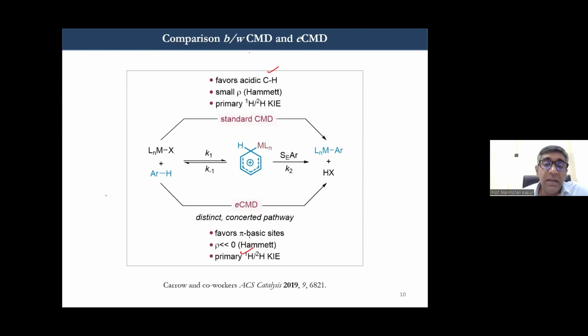So when there is an SEAr type of transformation, there is an accumulation of a positive charge in the arene that is being functionalized. So definitely the Hammett rho value, that is the reaction constant, is negative. That indicates that there is an accumulation of a positive charge, or the charge is actually going away from the ring. In both cases, you may observe a primary kinetic isotope effect depending on which of the steps is essentially rate limiting.